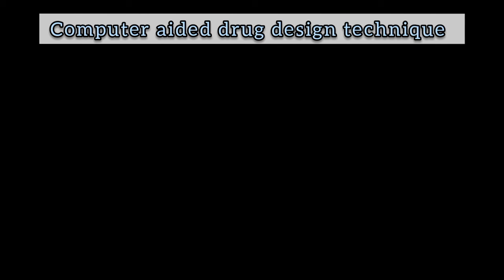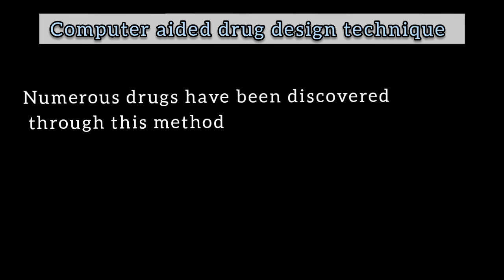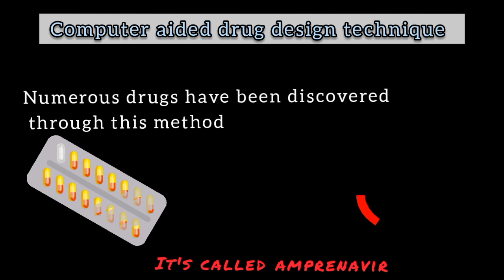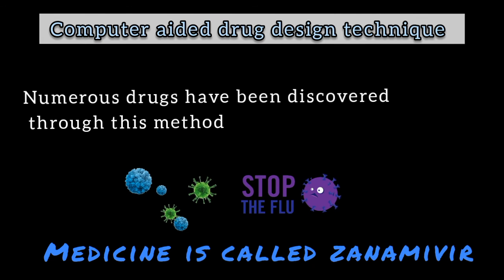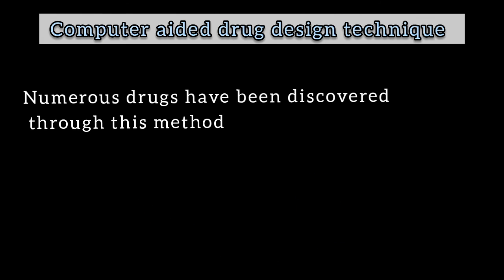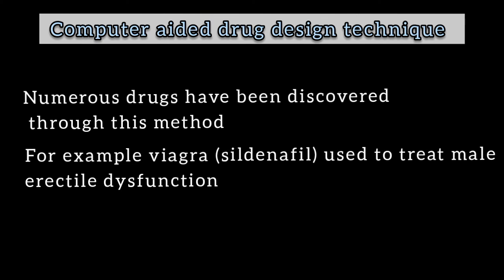Using the computer-aided drug design technique, numerous drugs have been discovered, like the drug used to treat HIV infection and many other diseases. There's also one that treats influenza infection, and also the drug called Viagra, which is used to treat male erectile dysfunction.